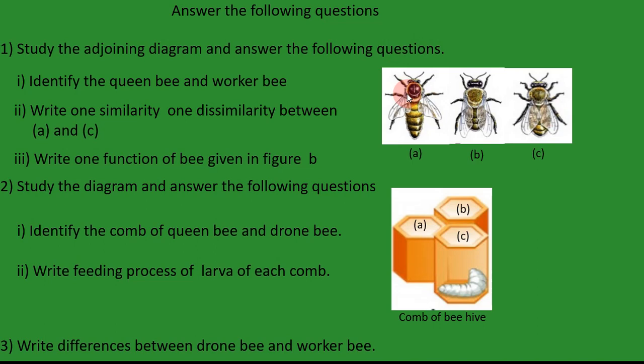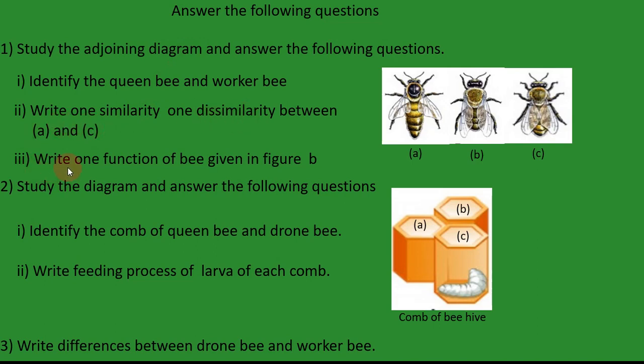Another you can write is that the queen bee lays eggs, whereas the worker bee does not lay eggs, even though it is a female bee. Or the queen bee has fertile capacity, whereas the worker bees do not. And the queen bee does not collect nectar and pollen, whereas the worker bees collect nectar and pollen. So any one dissimilarity you can write.